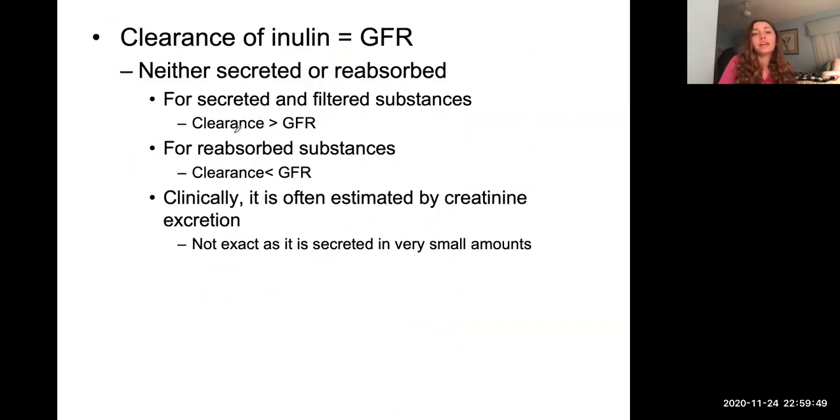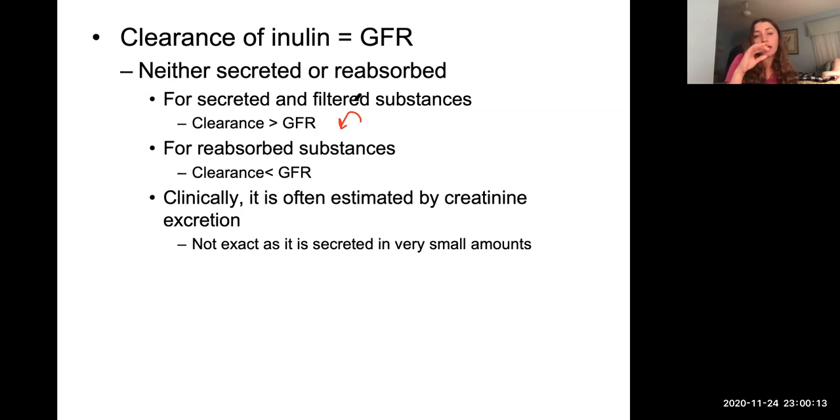Okay, so for secreted and filtered substances, the clearance will exceed the GFR if it's secreted, as in the instance of the penicillin, because it was put back in from the capillaries.